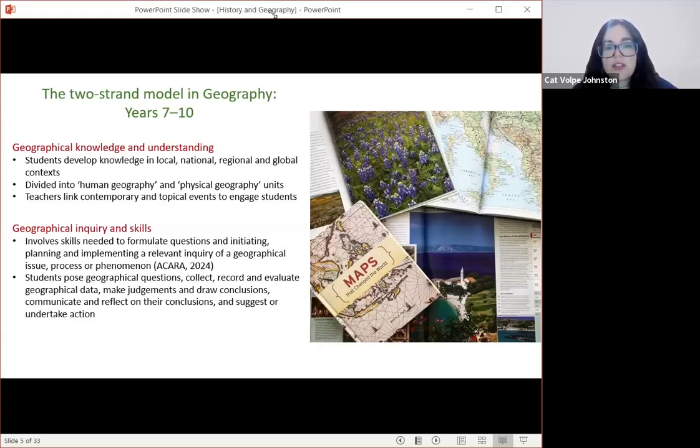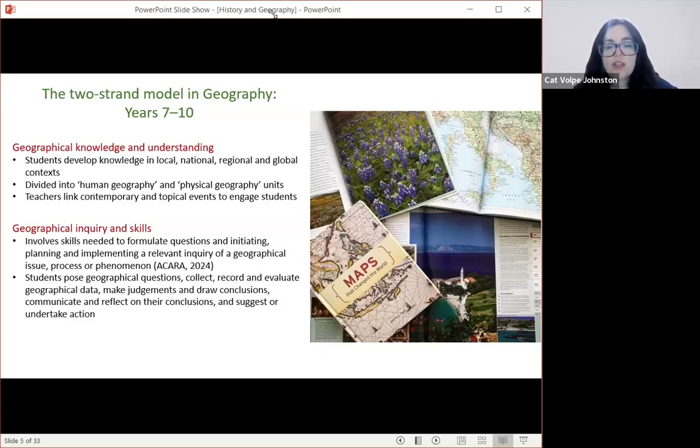Geographical inquiry and skills is the second part of the two-strand model. This involves skills where students are creating geographical questions. They are coming up with an inquiry into an issue, process, or phenomenon. We want students to develop geographical questions. What do these look like?